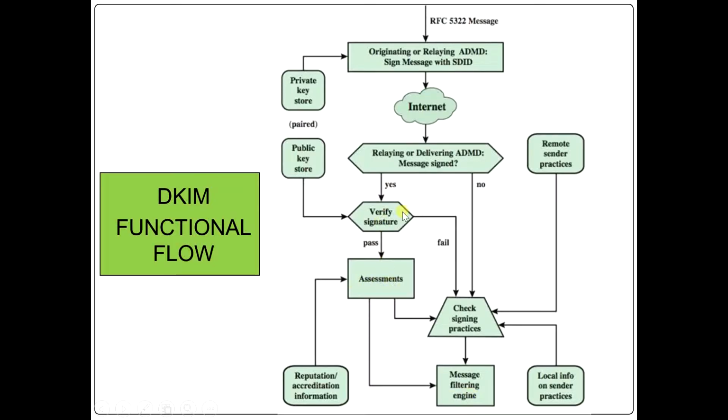If the signature fails or there is no signature using the author's domain, information about the signing practices related to the author can be retrieved remotely or locally, and that information is passed to the message filtering system.